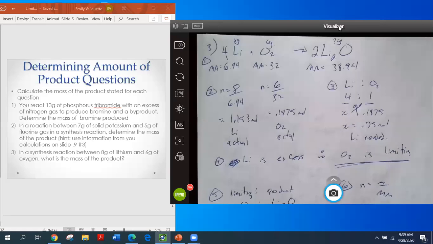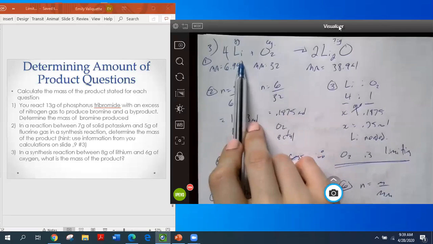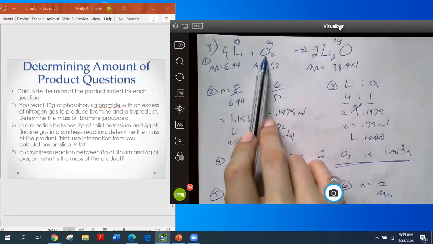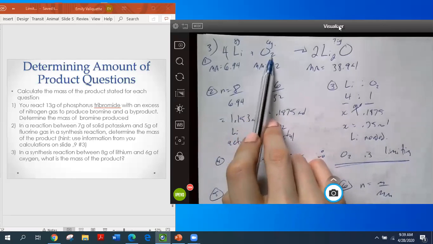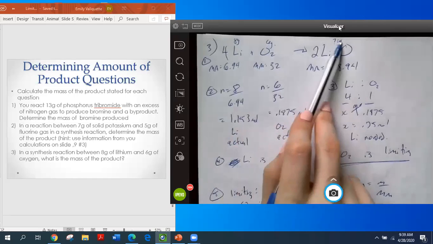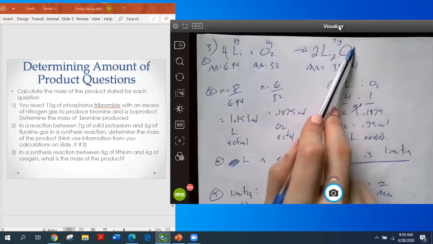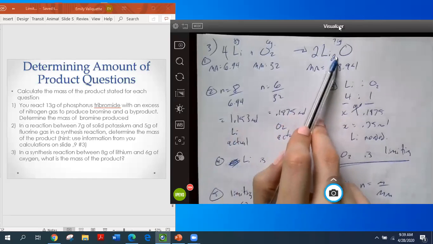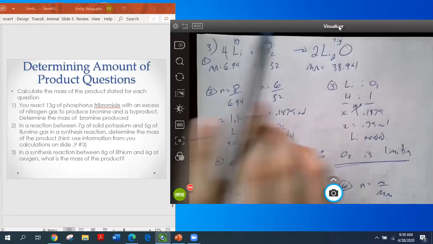Okay, so for the last question here, we have 8 grams of lithium reacting with 6 grams of oxygen, which, don't forget, is diatomic. And this is a synthesis reaction, so we're going to be making lithium oxide, and then of course we cross our charges, which is why we have Li2O.